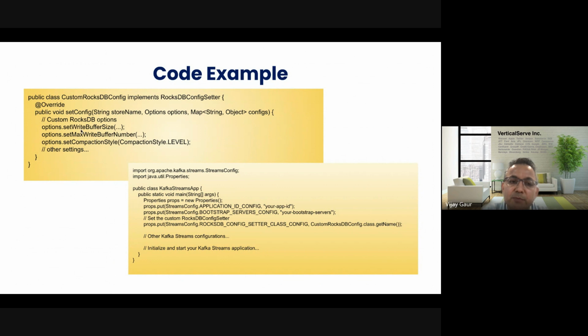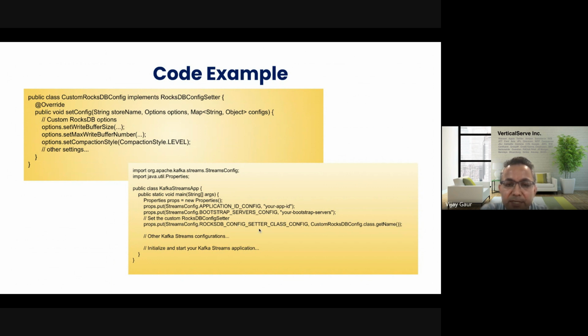Like I was mentioning about the memtable size, you can increase it by increasing the write buffer size. You can change the compaction style, level versus universal, or the block cache sizes. All of these different parameters you can easily configure by implementing this custom class, and then use that class in your stream app by putting it in the RocksDB config setter class config.